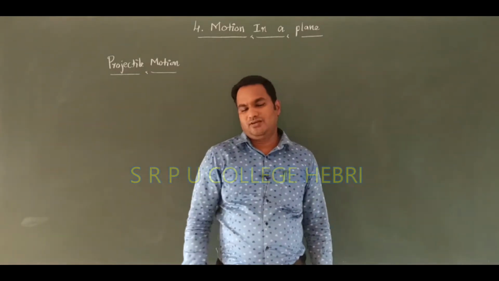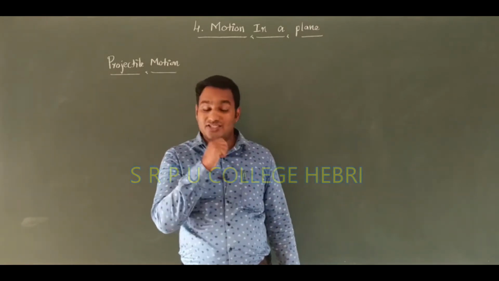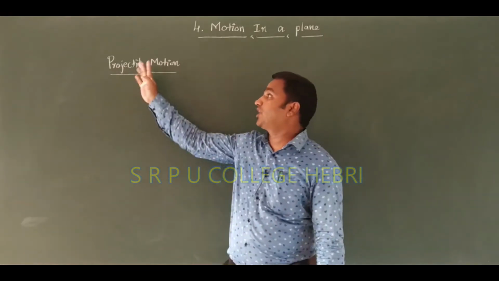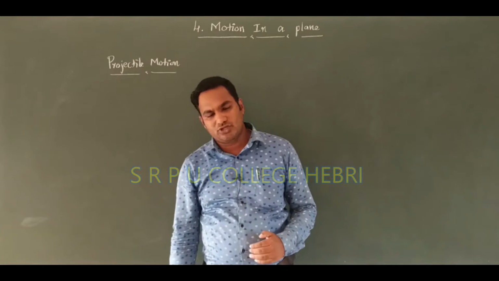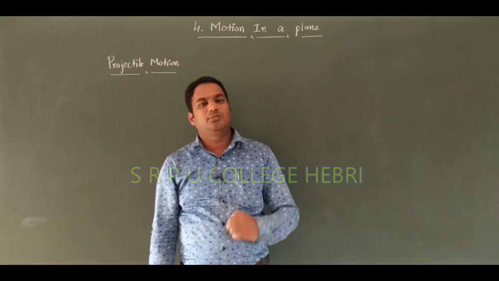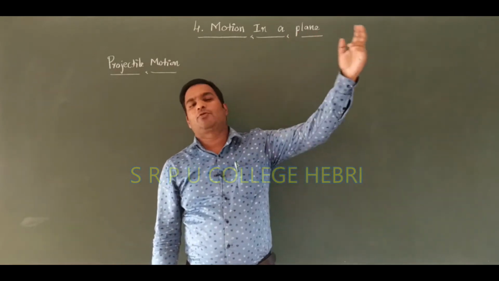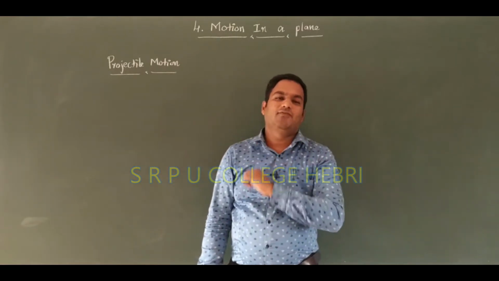Dear student, today we are going to discuss the next important concept under motion in a plane, called projectile motion. Under projectile motion, we are going to discuss three important terms: maximum height reached by the projectile, range of the projectile, and the third important term, called time of flight.